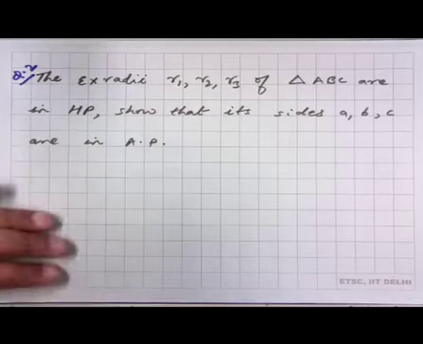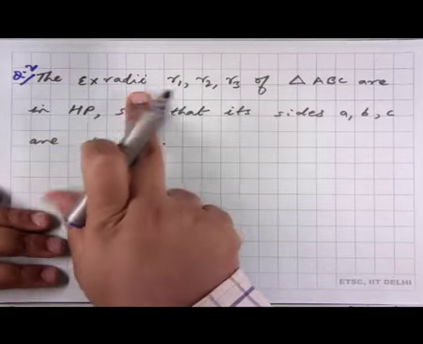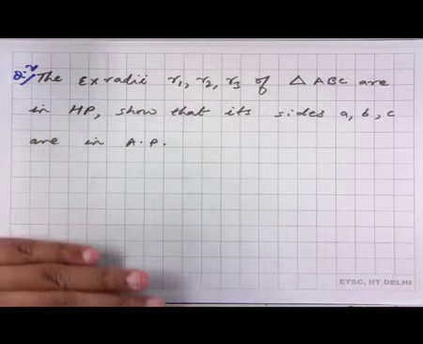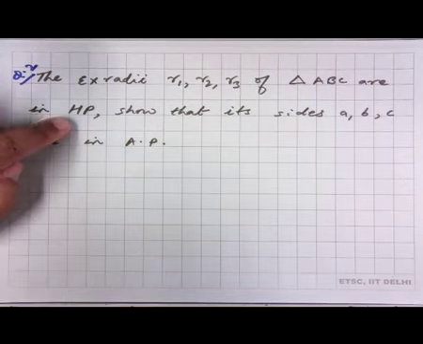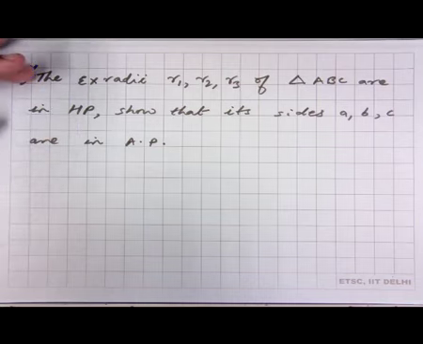Let us take the second question now. It is said that the exradii, which is basically the radii of the escribed circles r1, r2 and r3 of a triangle ABC, are in HP. HP stands for harmonic progression, and then we are asked to show that the sides A, B and C are in arithmetic progression.